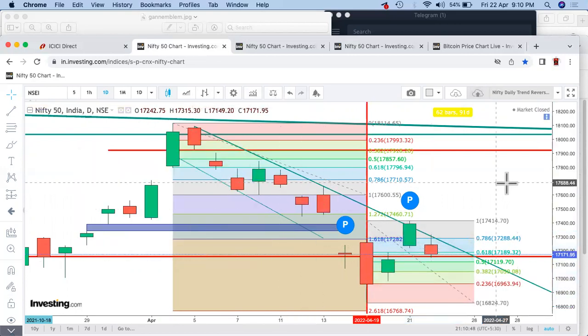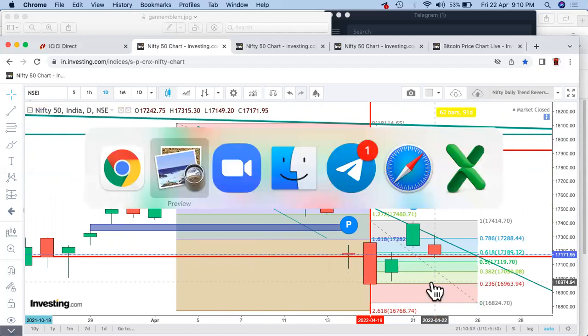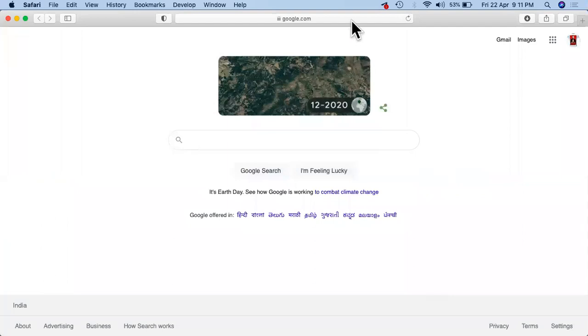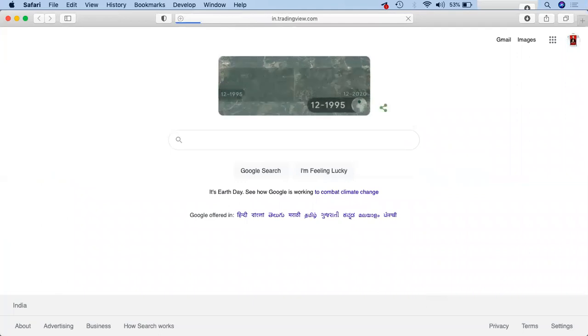So probably here we can see a reversal which should be happening somewhere around till the 0.5 level, or maybe it will go further till 0.236. Let me show this in TradingView, because the things are already marked in TradingView, so it becomes much easier to understand.